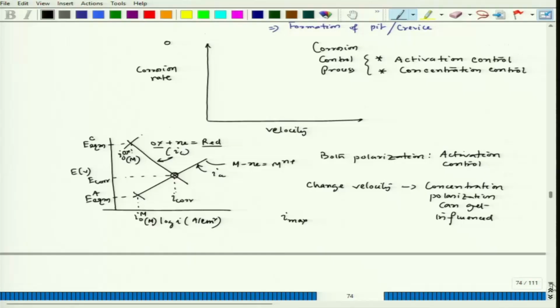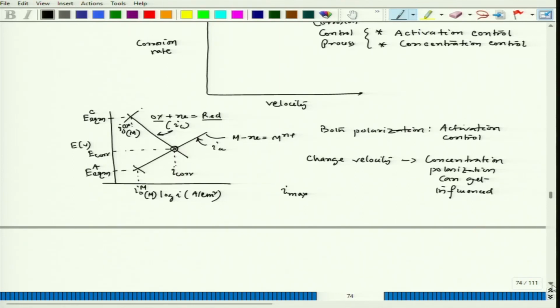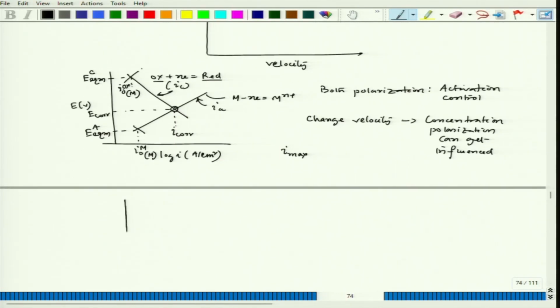So, when it happens, what I mean to say is, let us say if I try to look at the metal surface, and in the beginning we have some concentration, let us say this is C naught, which is the concentration of that reacting species, let us say oxidant concentration, we call it ox, and this is the metal surface.